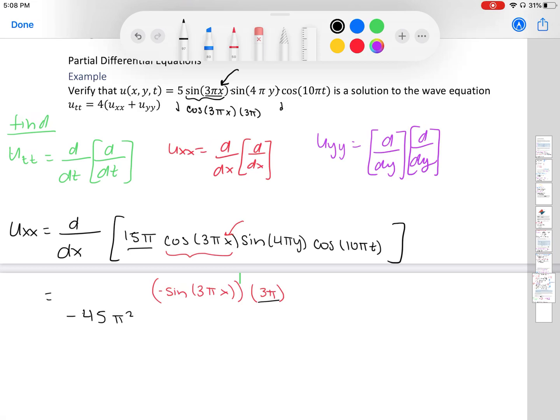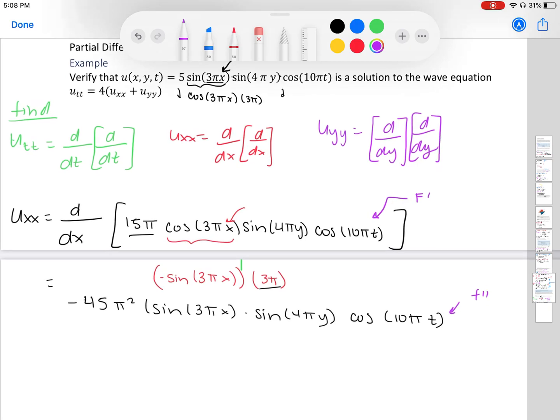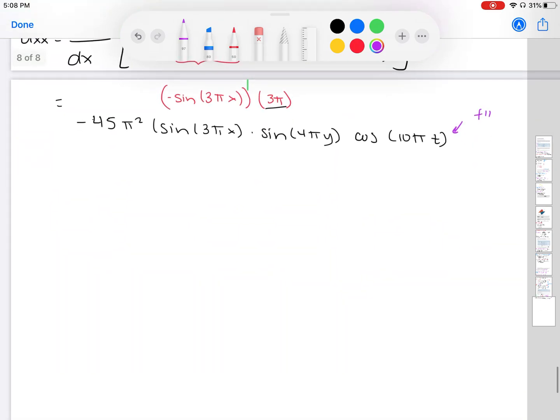And then we have negative sine, so I'll write the negative in the front. Negative 45 pi squared times sine of 3 pi x times sine of 4 pi y times cosine of 10 pi t. Okay, so just to start off again, that was our first derivative, and then we went ahead and found the second derivative in terms of x. Let's go ahead and do the same thing for y.